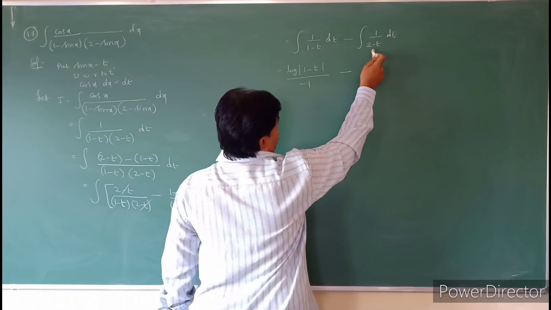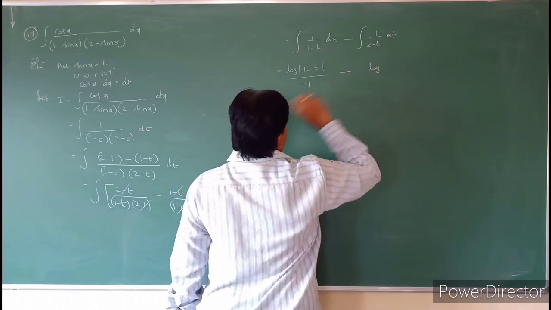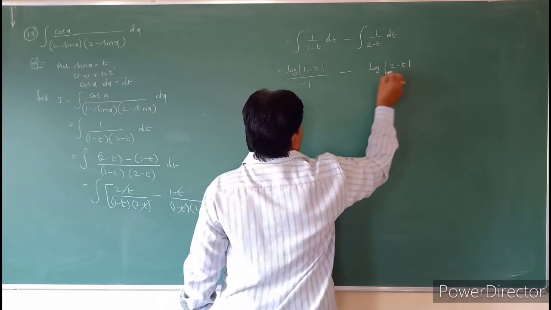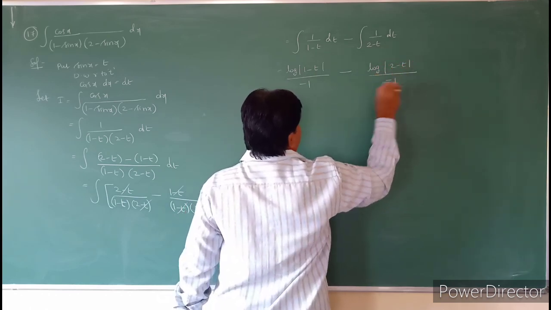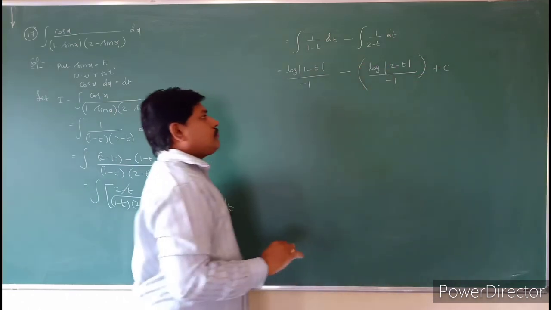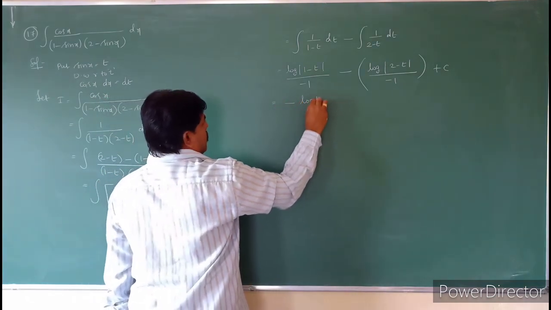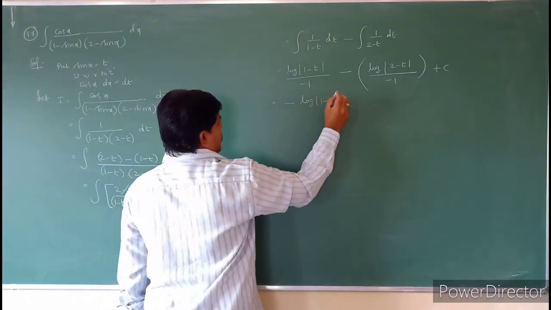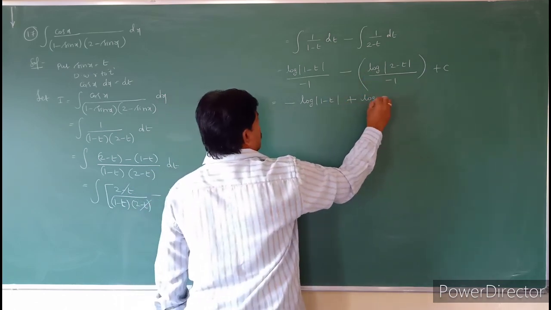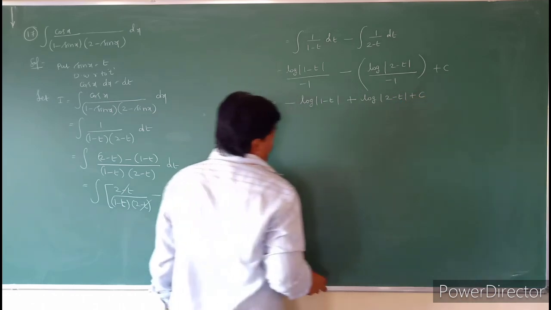Okay. So minus, what is the integral? It is also the same form, integral of 1 by ax plus b. The integration is log mod 2 minus t by 2 minus t derivative, which is minus 1, plus c. So that is equal to minus log mod 1 minus t, minus of minus, plus log mod 2 minus t plus c.